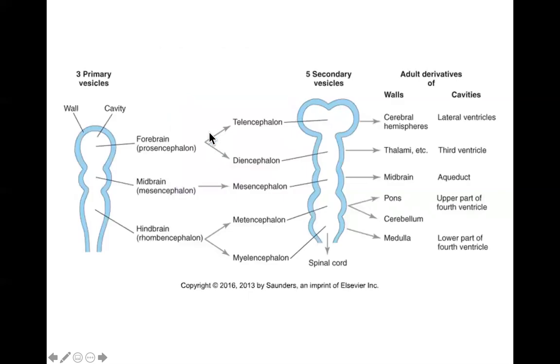But it's going to be really important for you to know that the first lateral outpouchings are the optic vesicles, not the telencephalic vesicles. The optic vesicles come first, and then the telencephalic vesicles are a secondary outpouching from the optic vesicles. Hopefully I made that very clear.